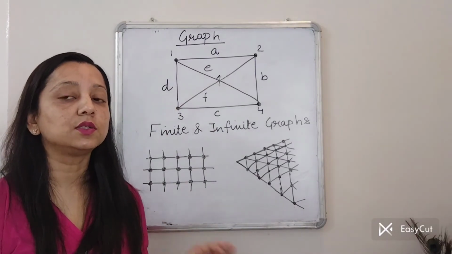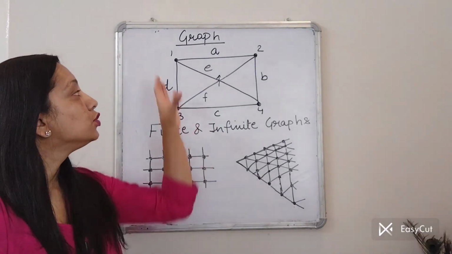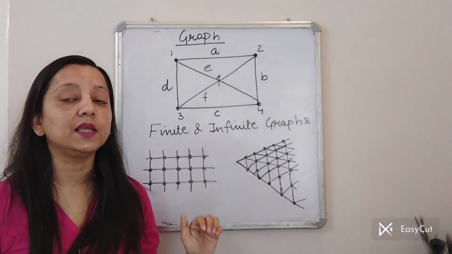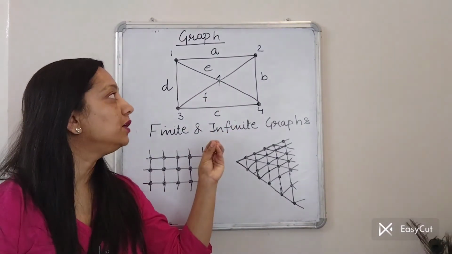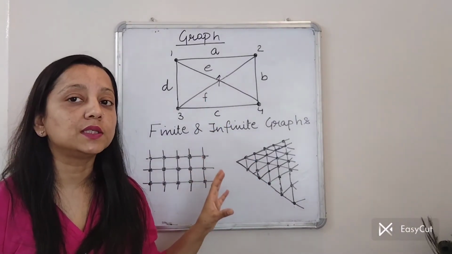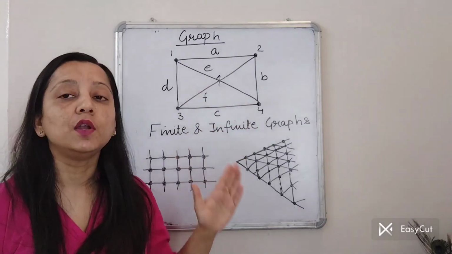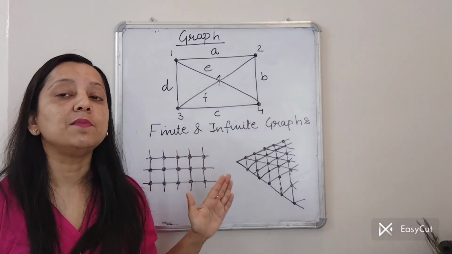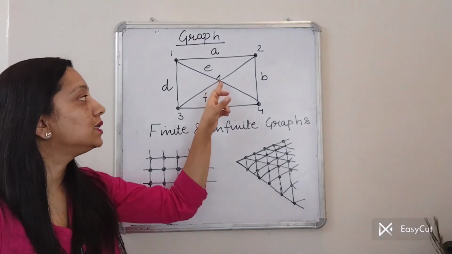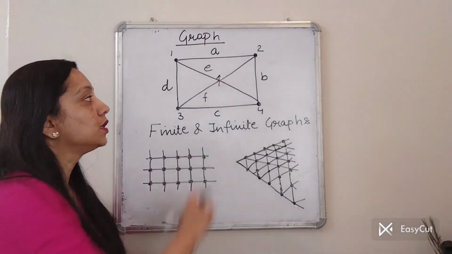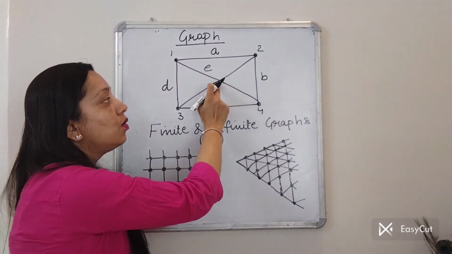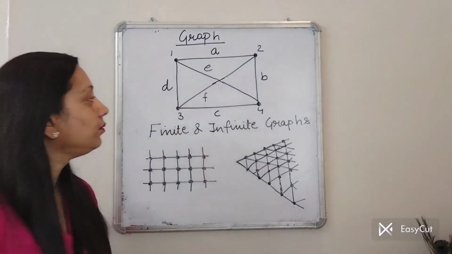This is not a vertex, this is not a point. Alright, so vertices are given separately in the graph, and if the edges are intersecting somewhere at a point which is not a vertex, then it will not be considered a point or a vertex. Those two edges will not be considered in the same plane, they will be considered in a different plane, right? So intersecting does not mean a vertex. So a point where two edges intersect does not mean that it is a vertex, right?